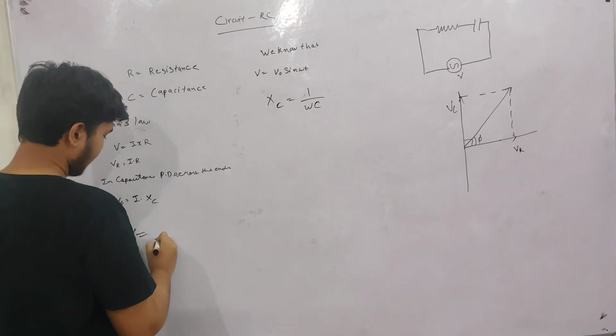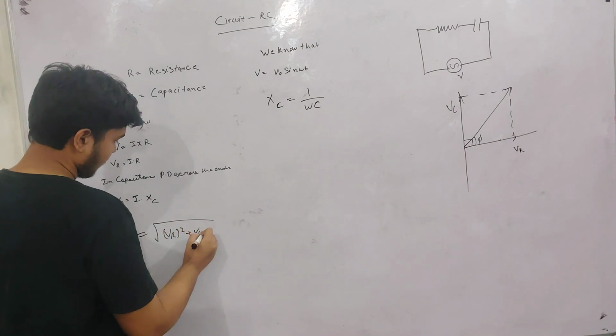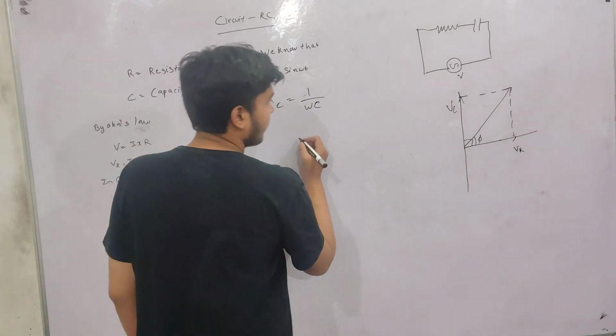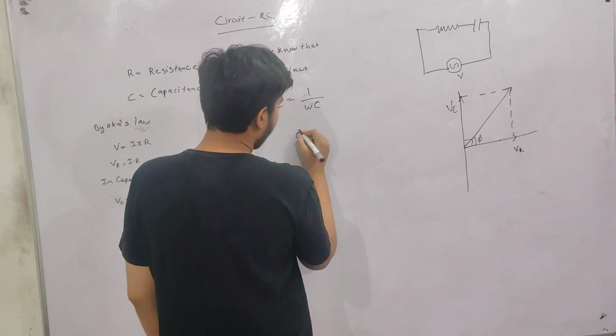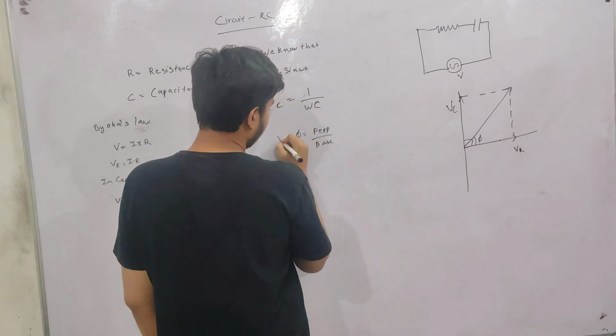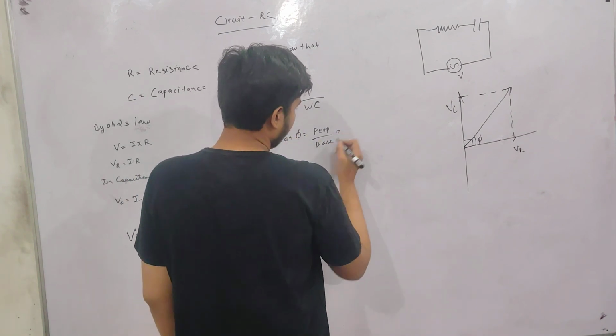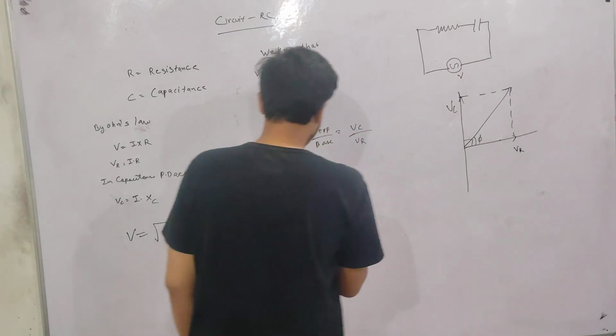We will give the resultant voltage as VR whole square plus VC whole square. By the Pythagoras theorem, perpendicular by base, phi equals tan inverse of perpendicular by base. Perpendicular is VC, base is VR.